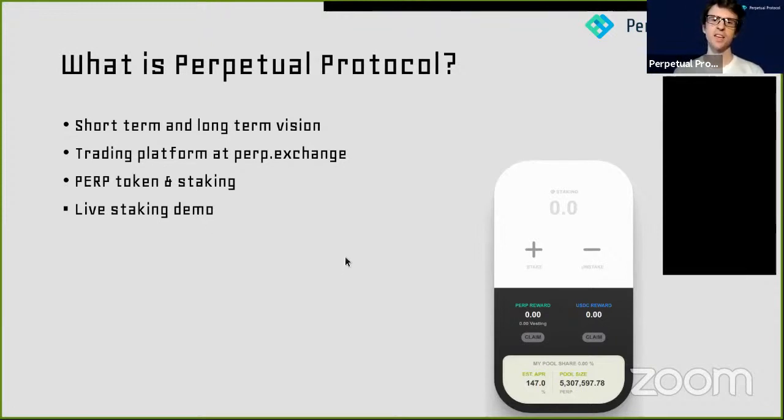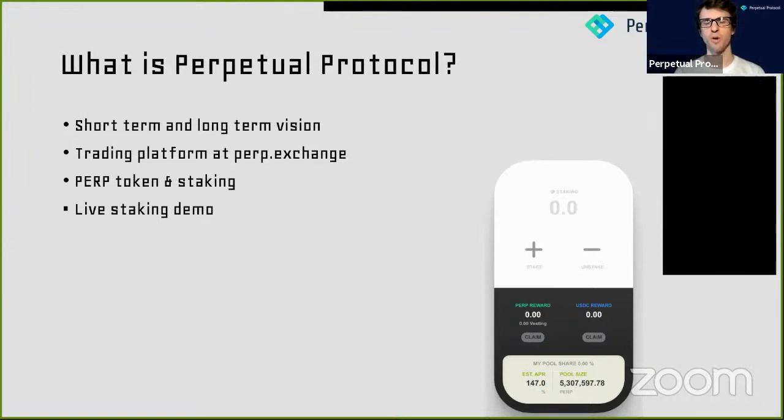So the basic idea of Perpetual Protocol, the most important product that we have, is our exchange at perp.exchange. On that platform, you can buy and sell something called Perpetual Contracts. The simple explanation is you can go long or short on a variety of tokens.